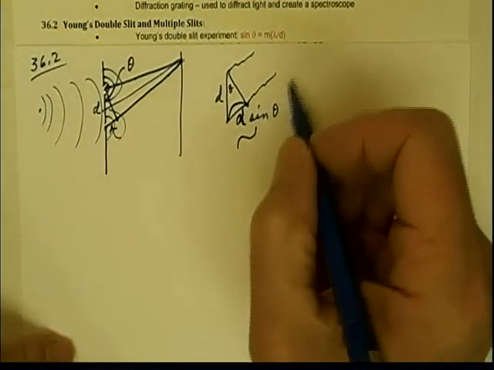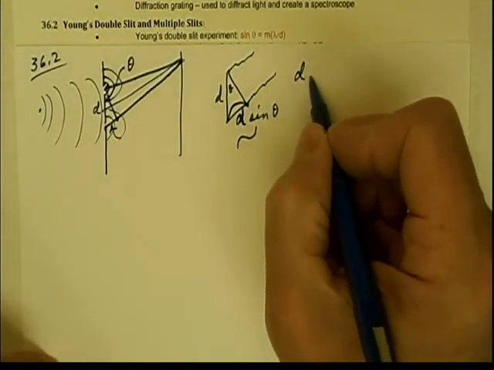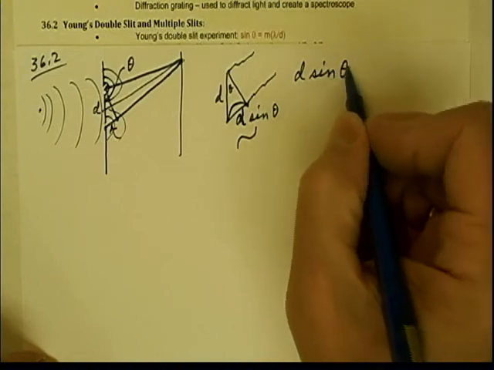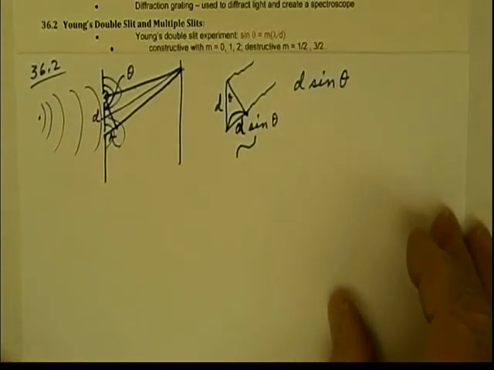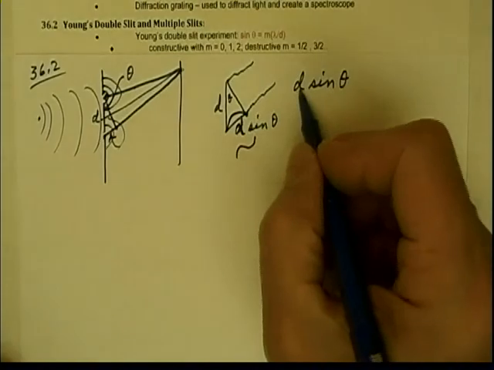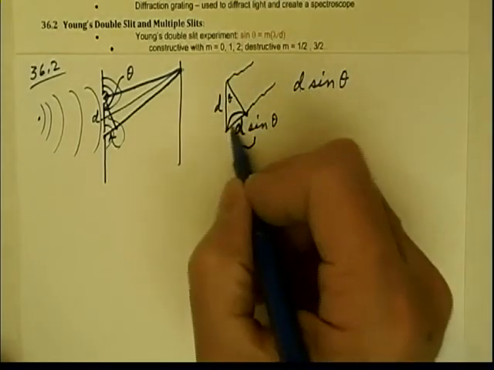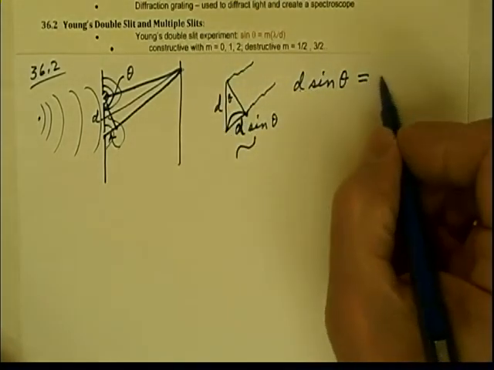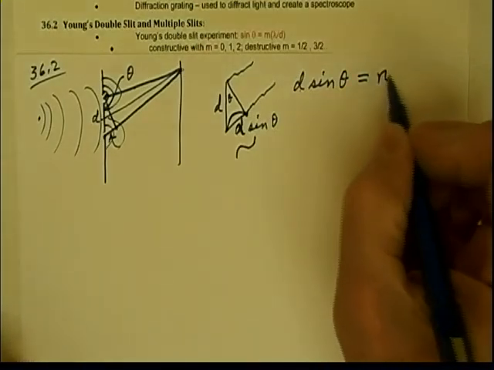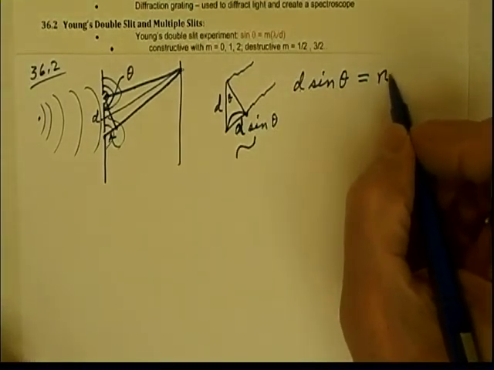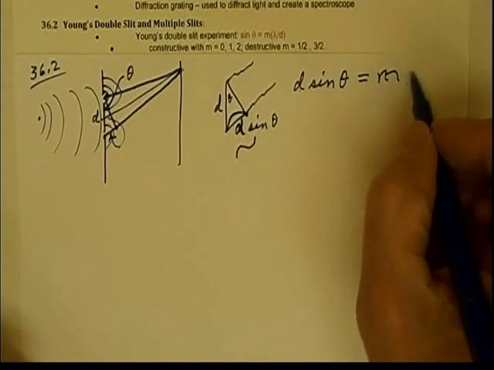So what we can see from here is that for constructive interference, d sine theta is going to be equal to a multiple, we're using m here, of a whole wave.